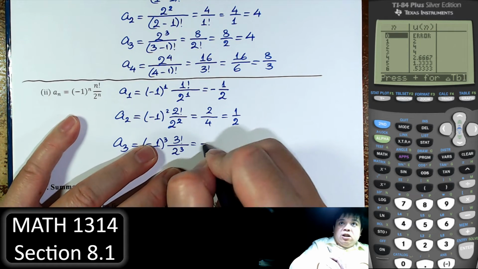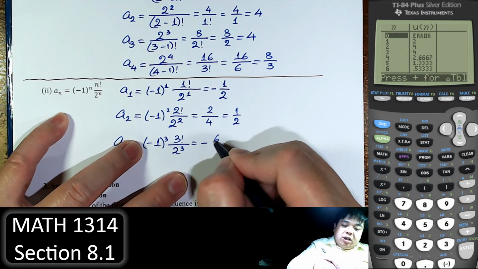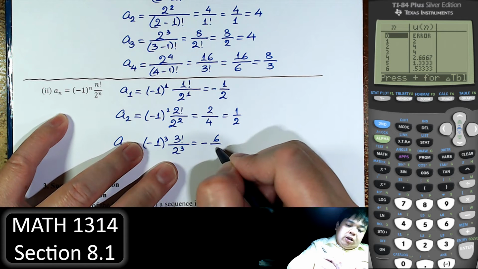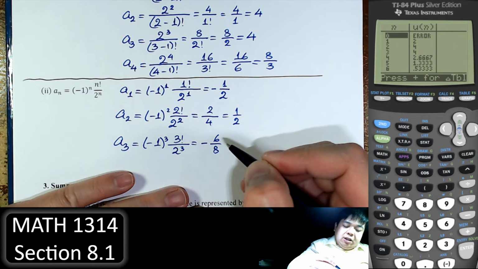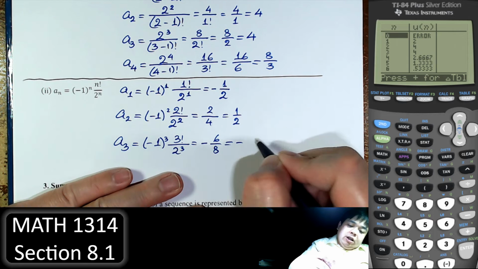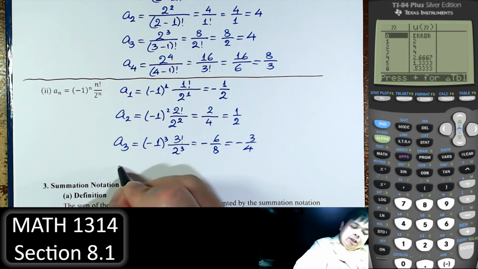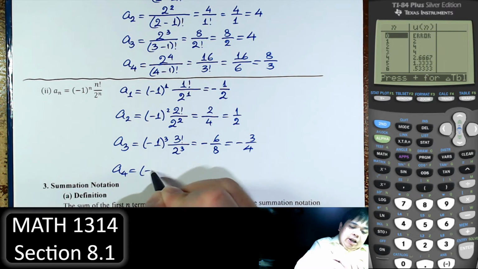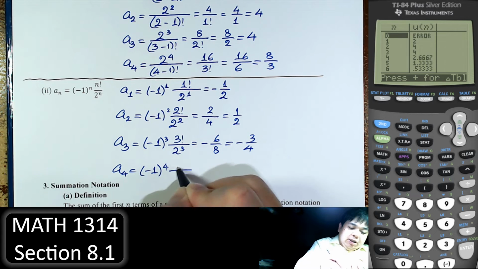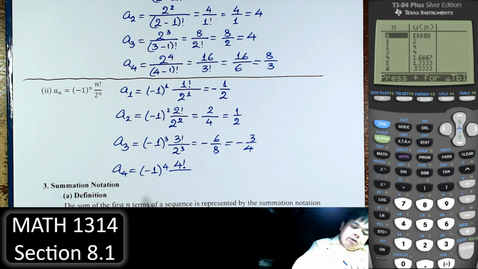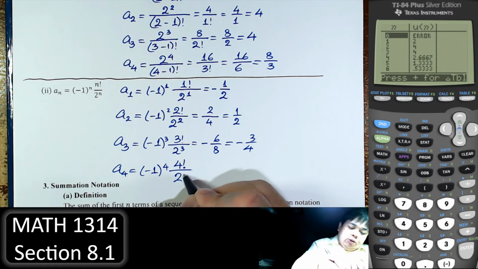Negative 1 to the third is negative, 3 factorial is 6, 2 to the third power is 8. Reduce, gives us negative 3 over 4. A sub 4, negative 1 to the fourth power, 4 factorial over 2 to the fourth.